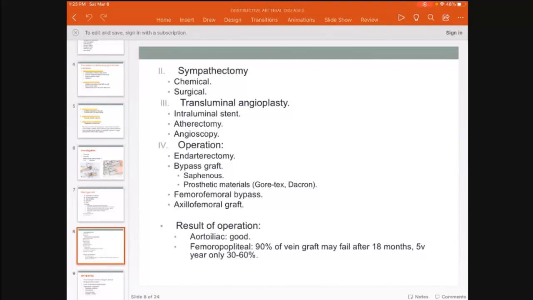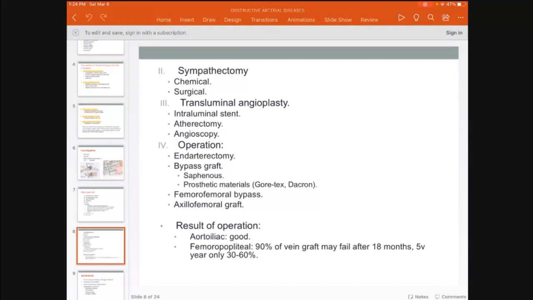Transmural angioplasty. Now it is more common to do it by intraluminal stent, especially in peripheral arterial disease, especially in the smaller size. It may be of benefit to do a transmural angioplasty by stent, or sometimes we do an atherectomy, sometimes we call it a thrombectomy.